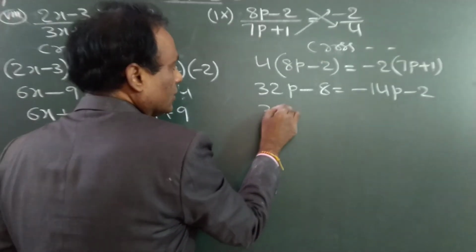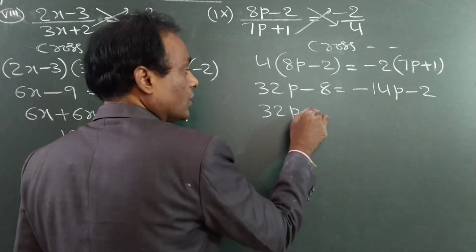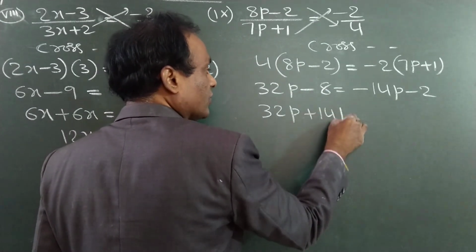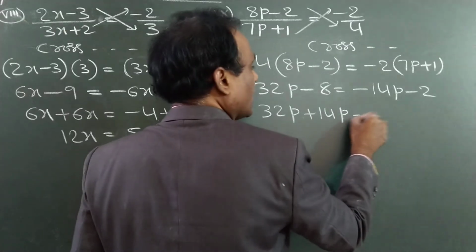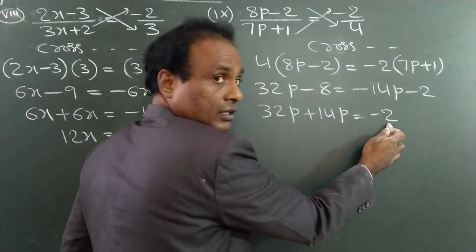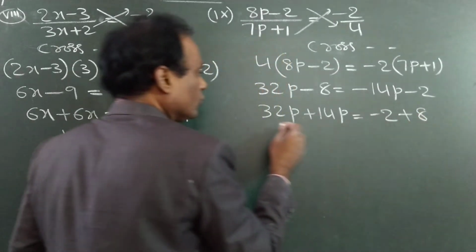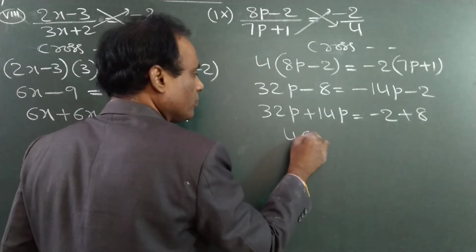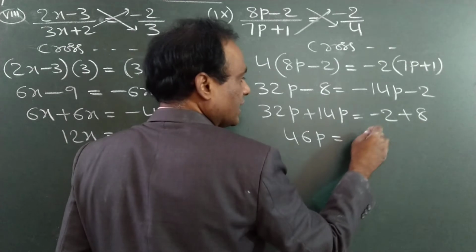See here, 32p, p terms on the left side. Minus 14 on this side, plus 14, because the terms having p should be on the left side, remaining on the right side. Already minus 2 is here, minus 8 on that side, plus 8. So total 46p. 14 plus 32 is 46. 8 minus 2 is 6.